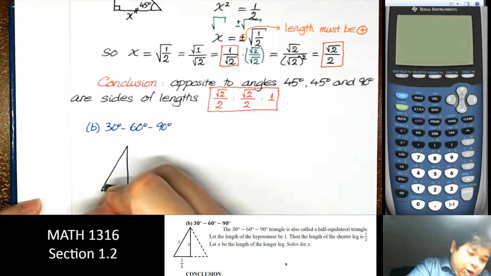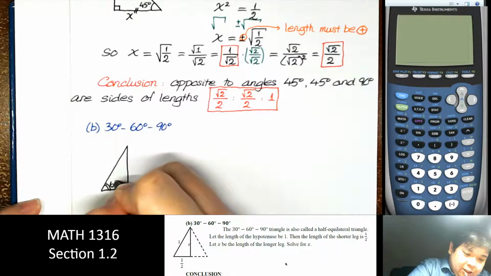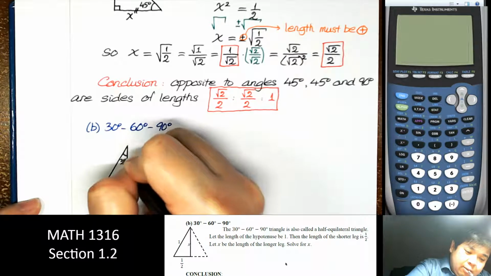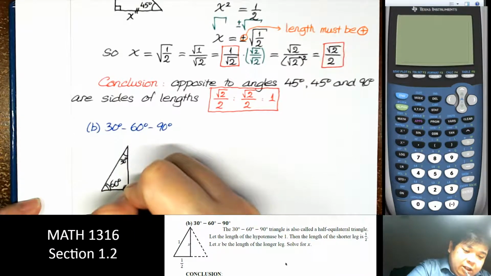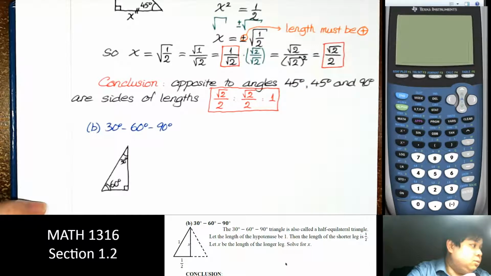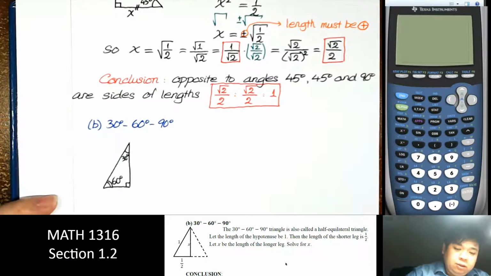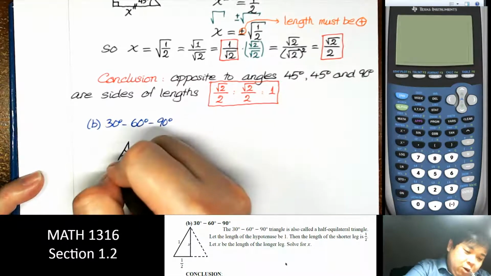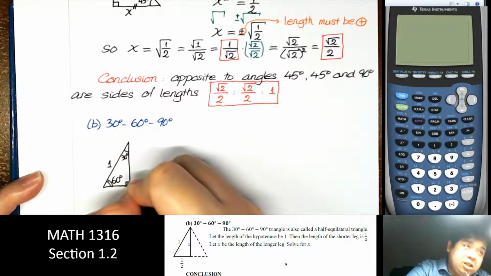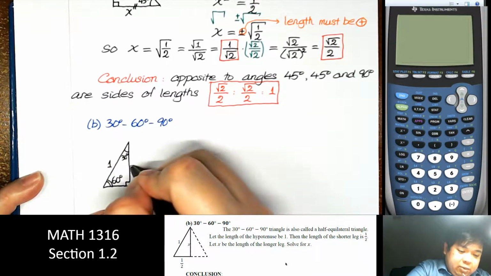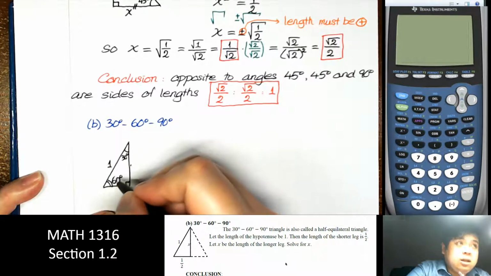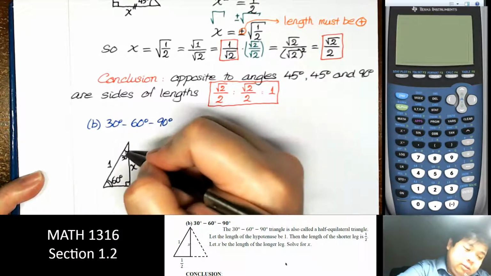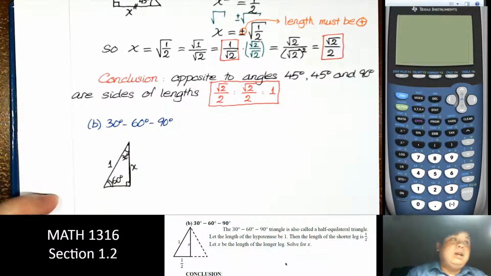Right. So if we have a 60-degree angle here and 30 degrees on the top, and then the 90-degree angle here. Right. And just like the previous example, we let 1 be the hypotenuse, opposite to the right angle, and let this be x. So that's what we have.